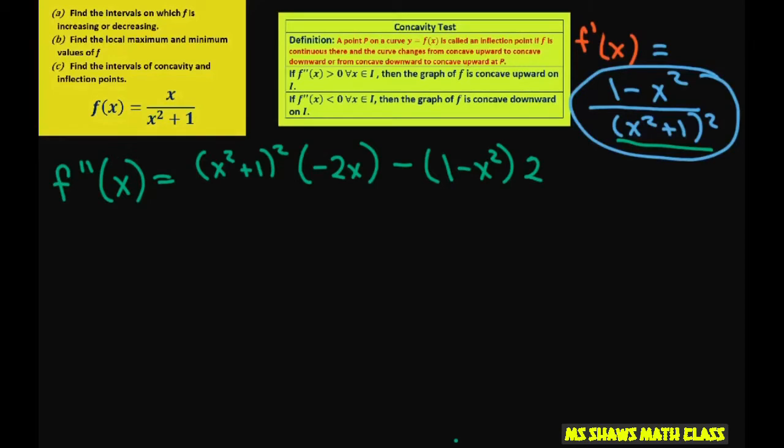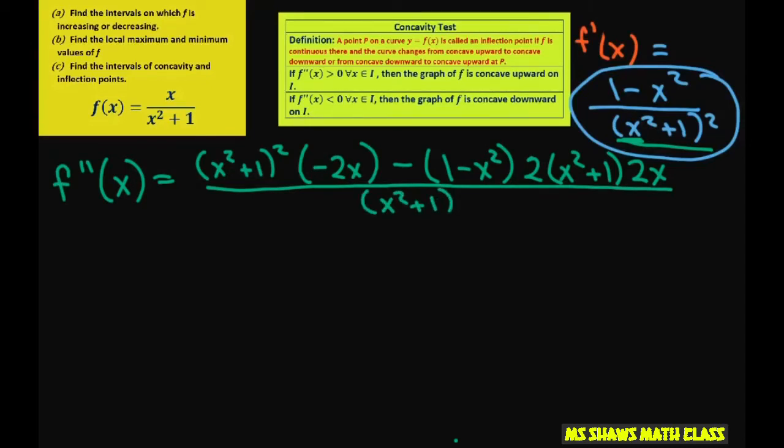So it's going to be 2 times x squared plus 1 times the derivative of the inner function, which is 2x. And then your new denominator is x squared plus 1 squared, and then you square that again. All right. Now we have to clean up the numerator.